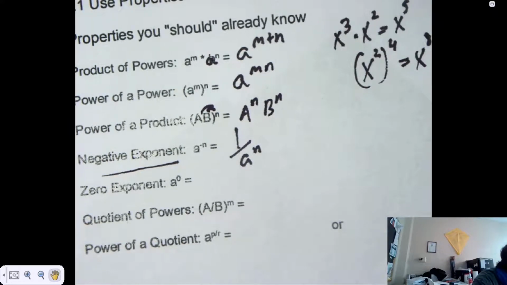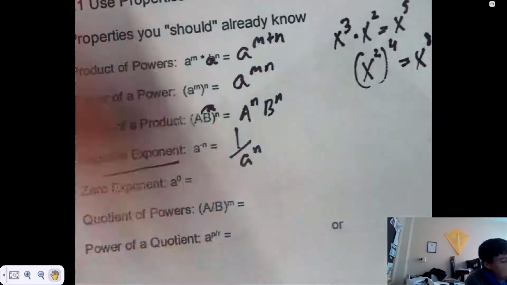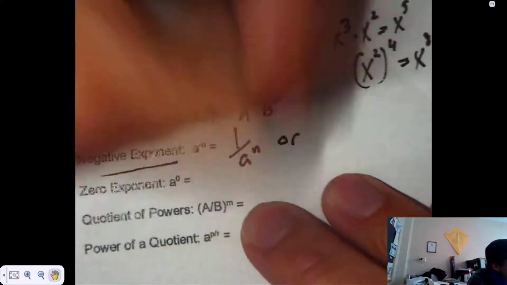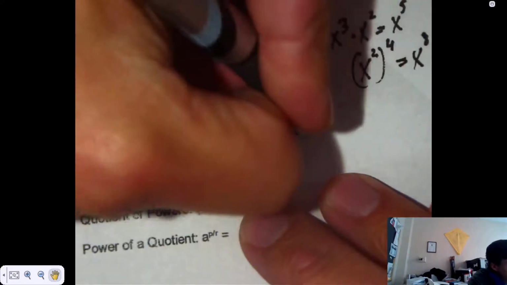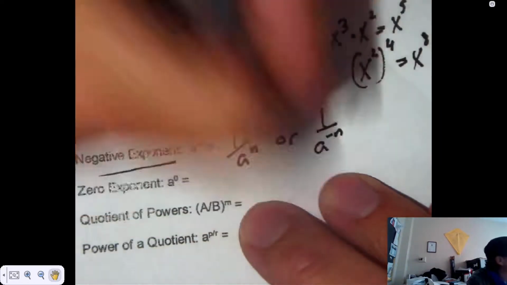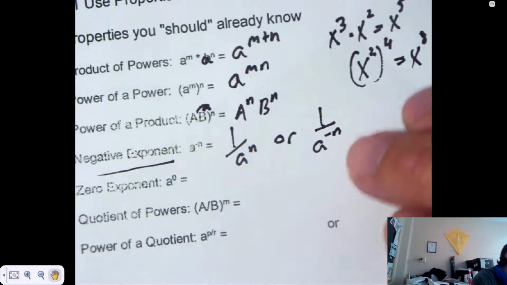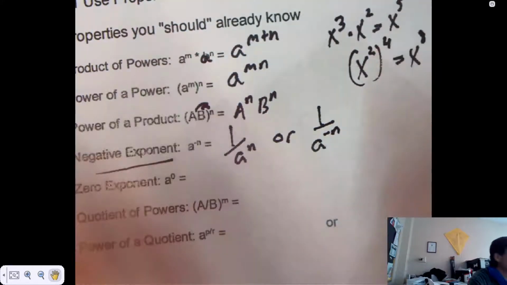It's not really reciprocal. Now, another way of looking at this is if you had 1 over a to the negative n, you could move that up top and make it positive.